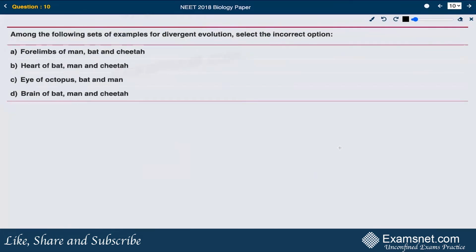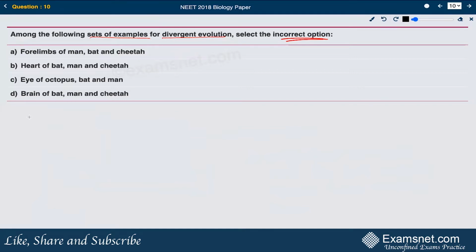Now, question number 10. Question number 10 says that among the following sets of examples for divergent evolution, you have to select the incorrect option. All right. So it is asking here about divergent evolution. This question has been asked from the evolution chapter of your standard 12. Now we know that there are two types of evolution. One is divergent evolution and the other is convergent evolution.